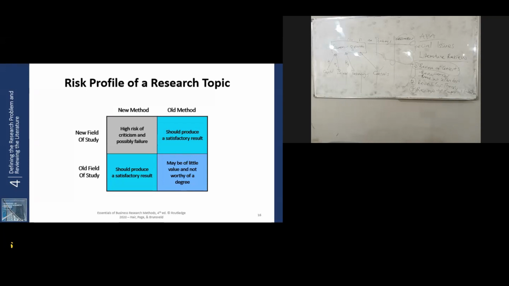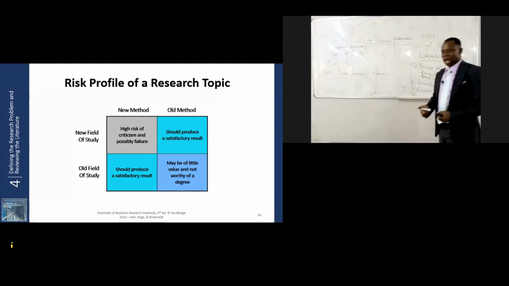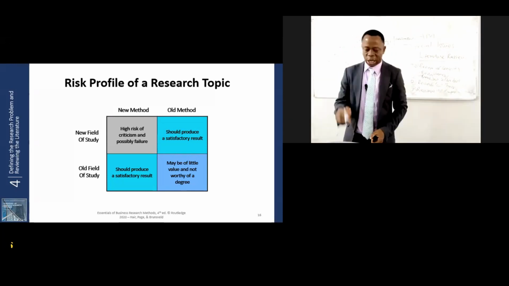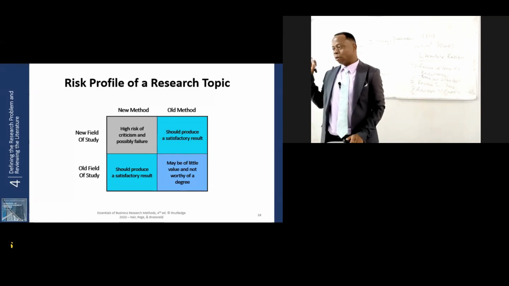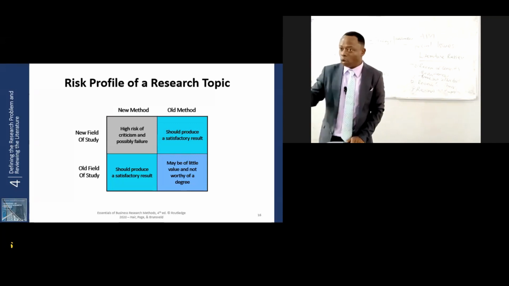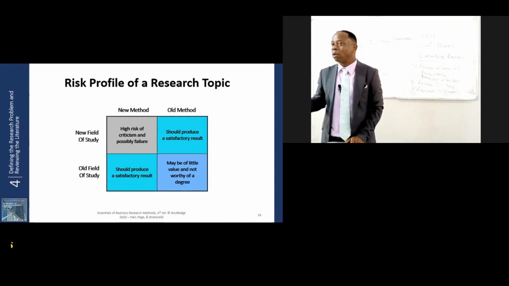Let's look at the first quadrant, where the field is new and the method is new. In other words, you are telling us that this particular topic has not been done before. Added to that, you are also telling us that the method has not been used before.